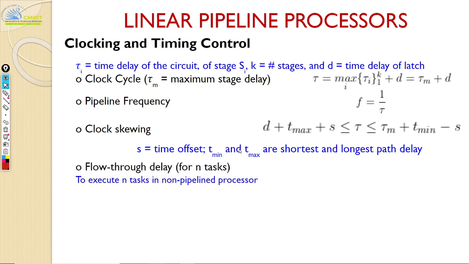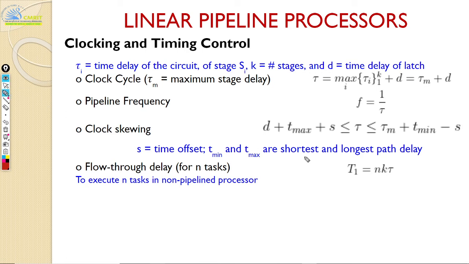Next is something called a flow through delay. This is the delay for a non-pipelined processor. For a non-pipelined processor, if you have n tasks, and each task you can assume to be one instruction, then n into k into tau is going to be your time taken.